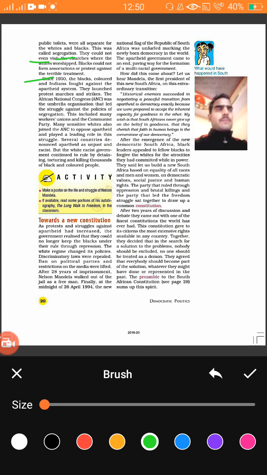Before going forward, we have to know about the communist. What is communism, students? This is the political system of a government where everything is decided and set by the government. Everything is under the control of government.